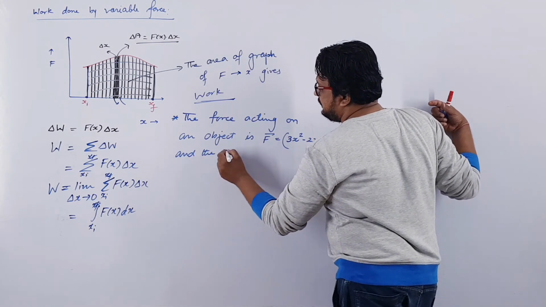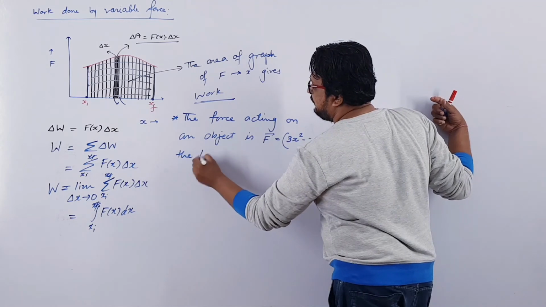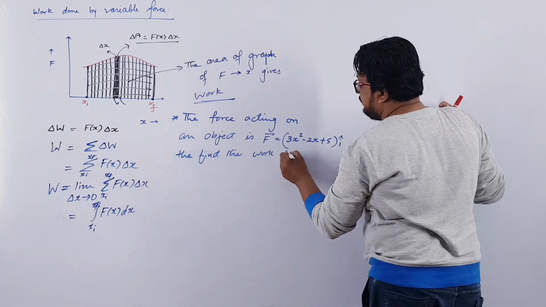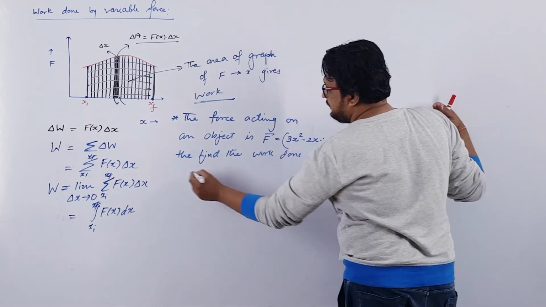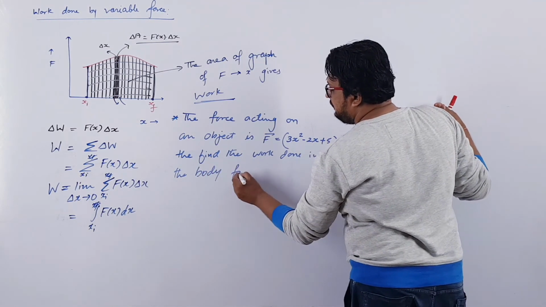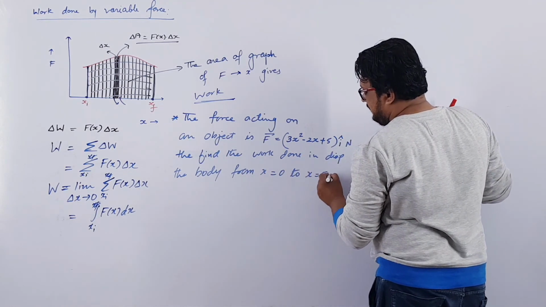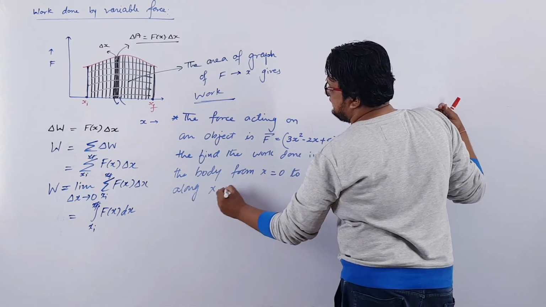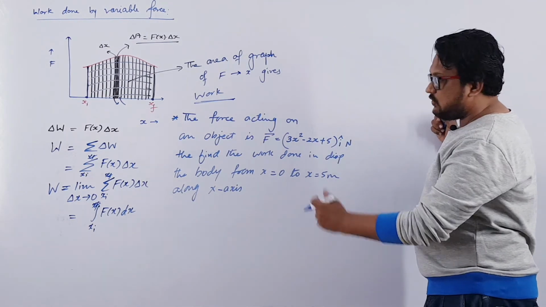Find the work done in displacing the body from x equal to 0 to x equal to 5 meter along x-axis, right? So this is how an example can be asked based on this concept.